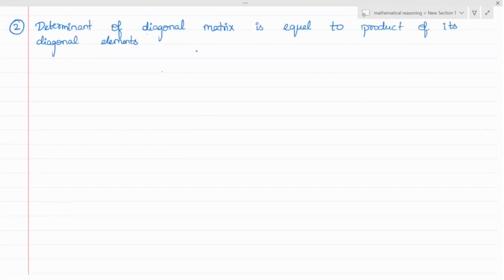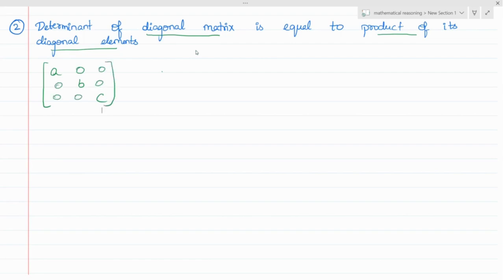Determinant of a diagonal matrix is equal to the product of its diagonal elements. How? Suppose a matrix A is a diagonal matrix. So diagonal elements will be a, b, c, for suppose, and the remaining elements will always be 0.